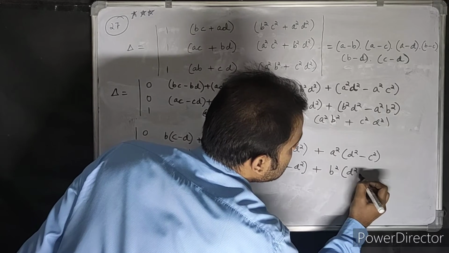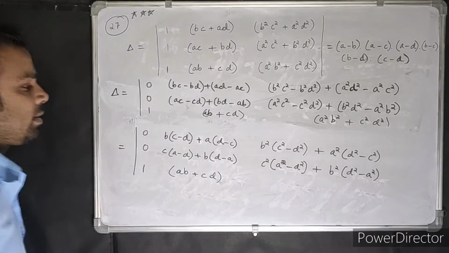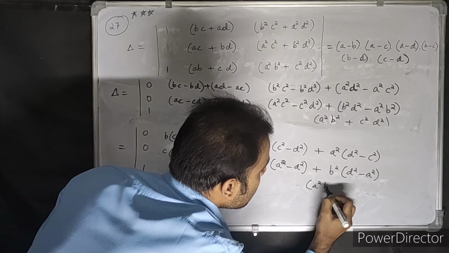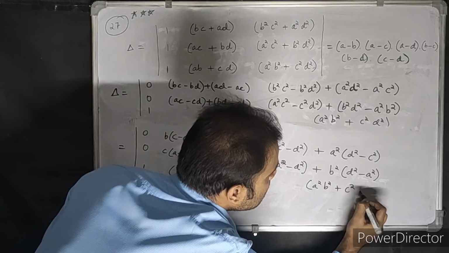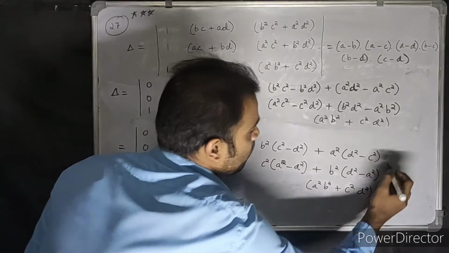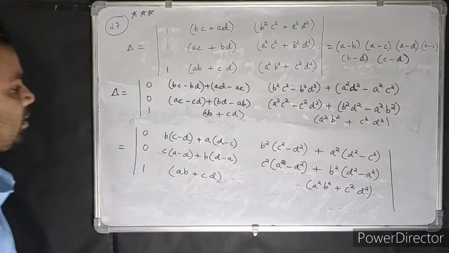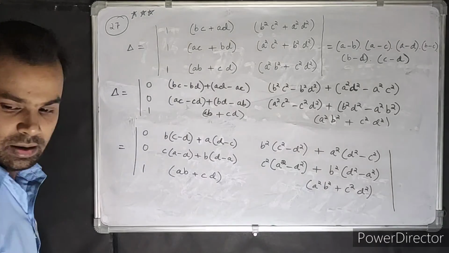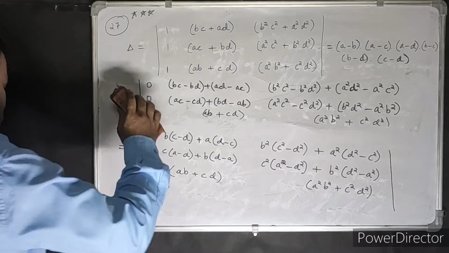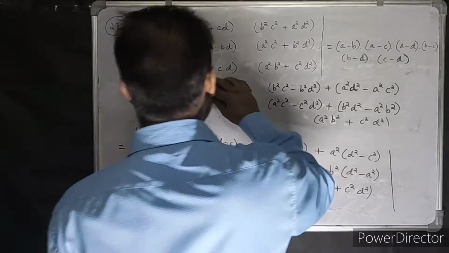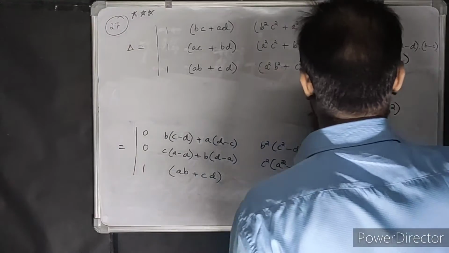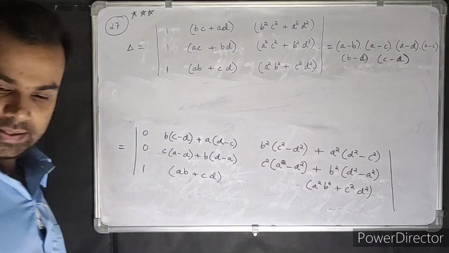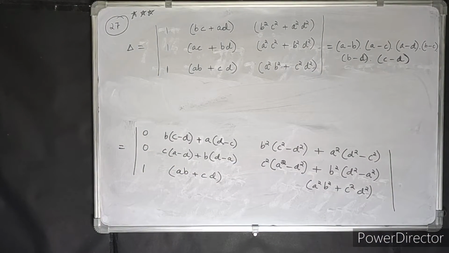We are left with D square minus A square. Okay. This is what? A square B square plus C square D square. Put this side, and now you can see your answer coming out. Little by little it's coming out. So this is not a small question, okay? It's a long one, so you have to understand properly what's going on.